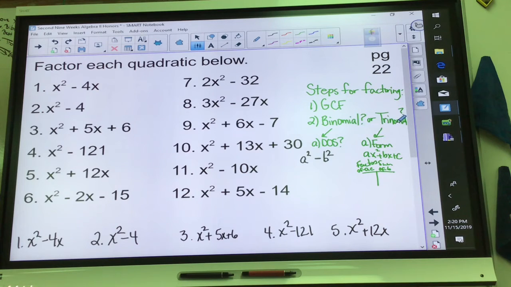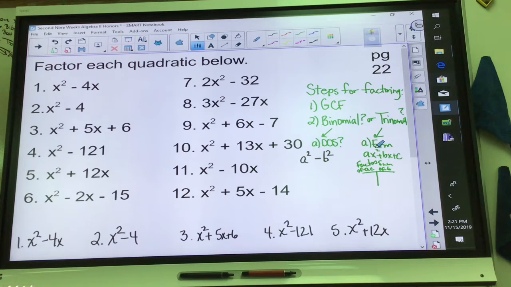Then with the trinomial, here I put, is it in the right form, meaning ax squared plus bx plus c, where your middle exponent is half of your degree or your largest exponent. It would be okay to have a 4 here as long as you have a 2 here. It would be fine to have a 6 here as long as you have a 3.